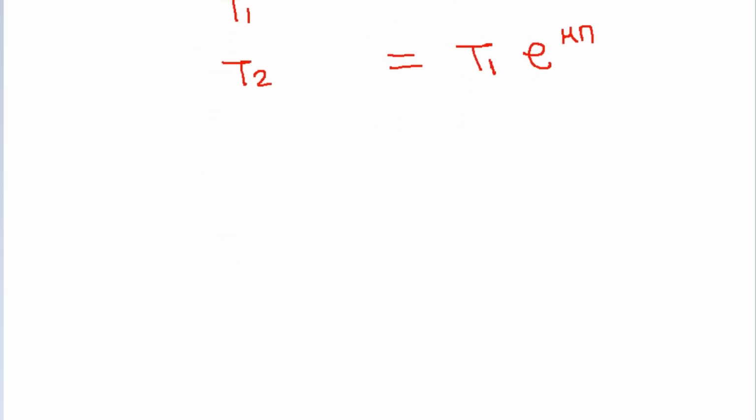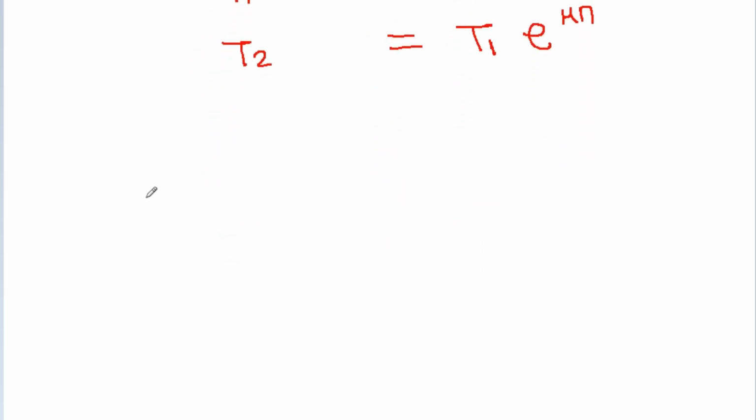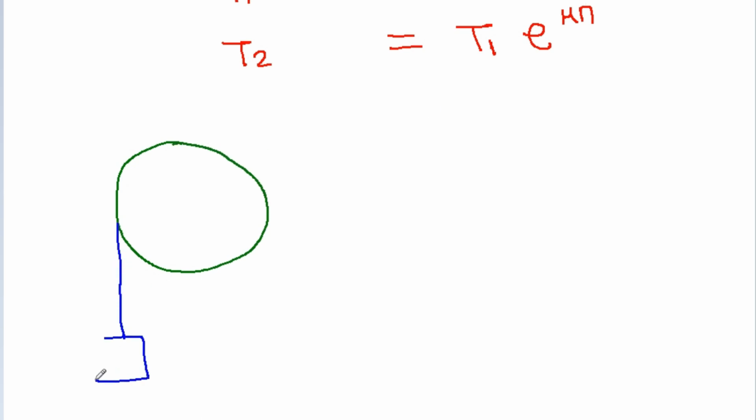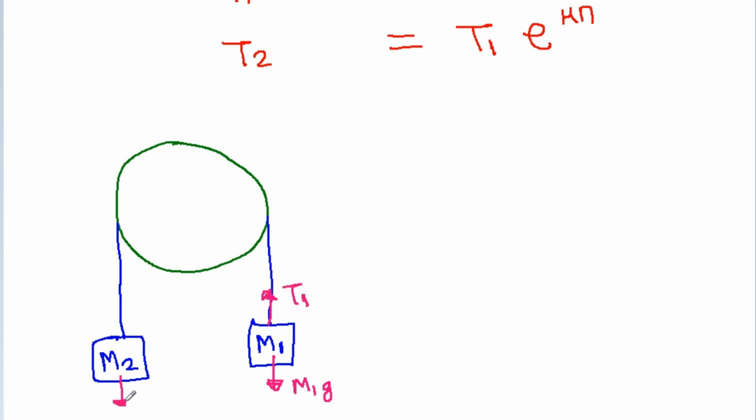So this is the pulley, and here the mass is m2 and here the mass is m1. The downward force is m1g and the upward force is T1, and on the other side the downward force is m2g and the upward force is T2.